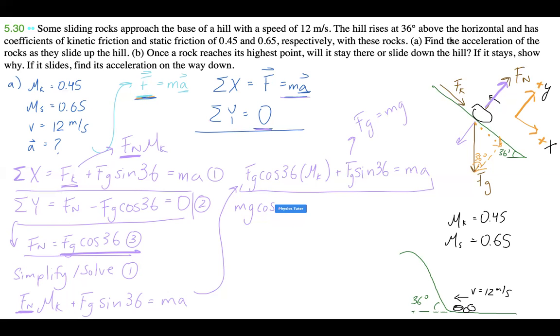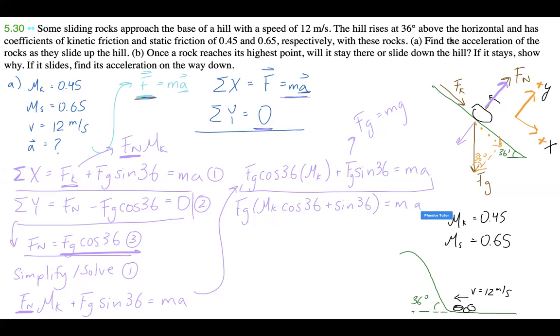Actually, even before that, another thing we can do that's going to make our lives so much easier is we can just factor out Fg. So let's factor out Fg. Okay, mu k cos 36 plus sine 36 is equal to ma.